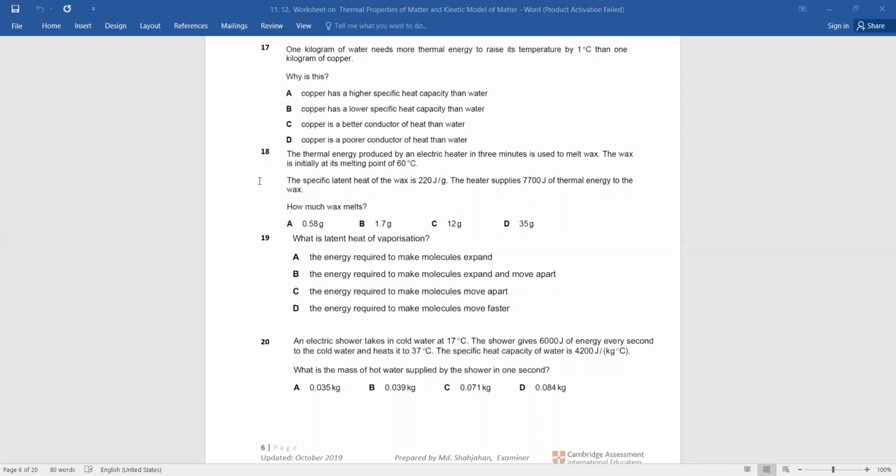Wait. This question has some tricks. Can you check that in the way the statement is written, which one has more specific heat capacity, water or copper?